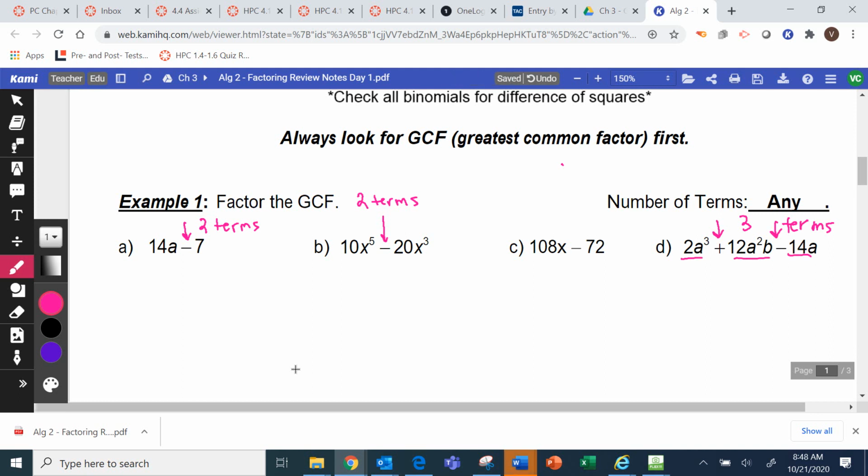That minus sign actually belongs to the second term. This is actually 14a plus negative 7. So that minus sign belongs to that second term also.